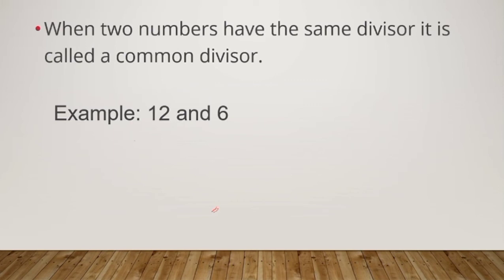When two numbers have the same divisor, it is called a common divisor. For example, 12 and 6. In order to find the GCD of 12 and 6, we find first the factors or the divisors of 12 and 6. The factors of 12 are 1 times 12, 2 times 6, and 3 times 4.